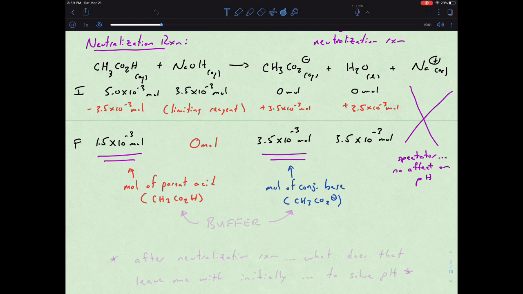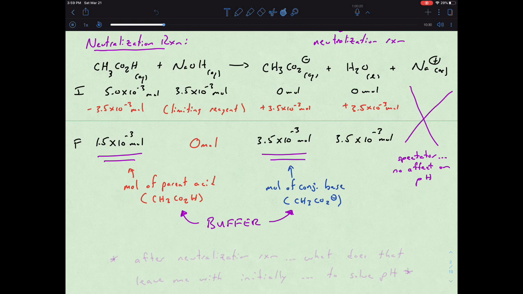Those two quantities mean that we are actually talking about a buffer. We don't need that recognition. If we use our ICE table, we can still come to the correct answer. But if we do realize that at this particular junction in the titration it is a buffer, we could get away with using the Henderson-Hasselbalch equation.